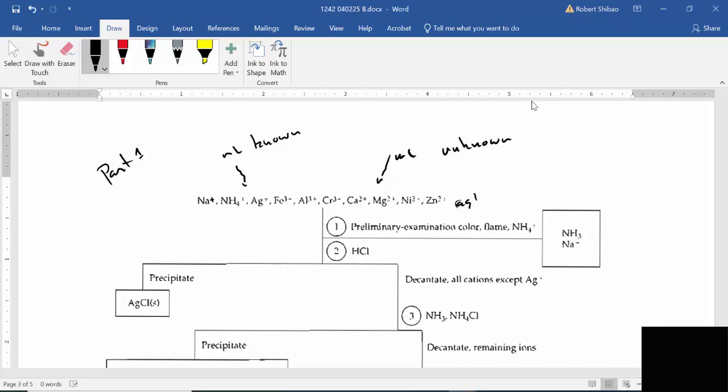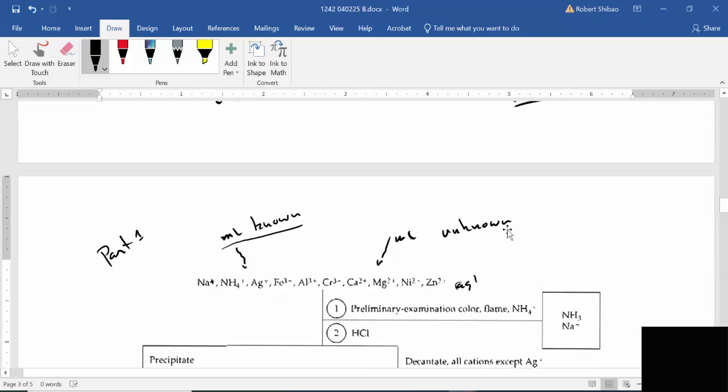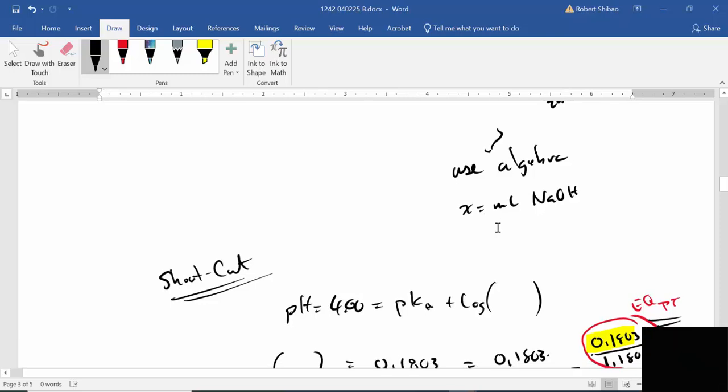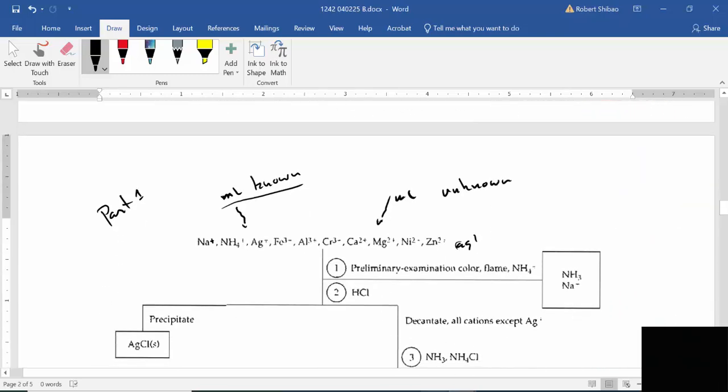You could run your known and unknown side by side, but we're not going to do that. We're going to just run the known and see, all the steps should work out here as positive. And so, how many milliliters of known do we need? Do you know?